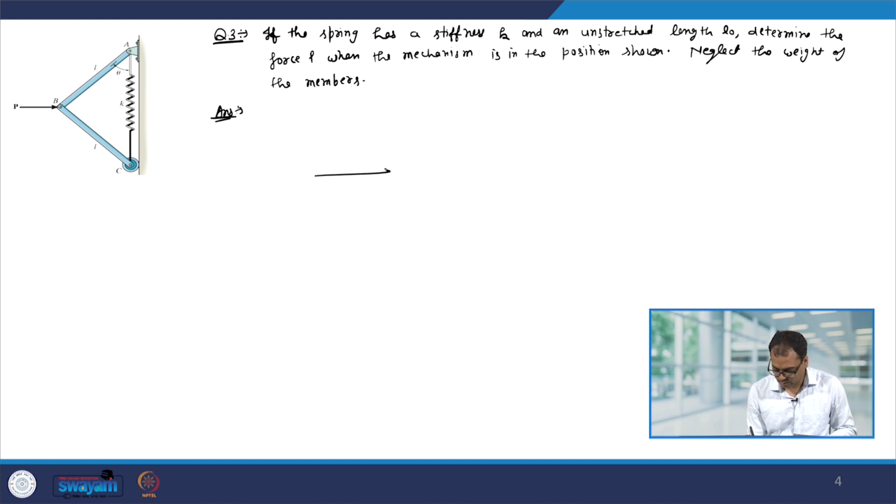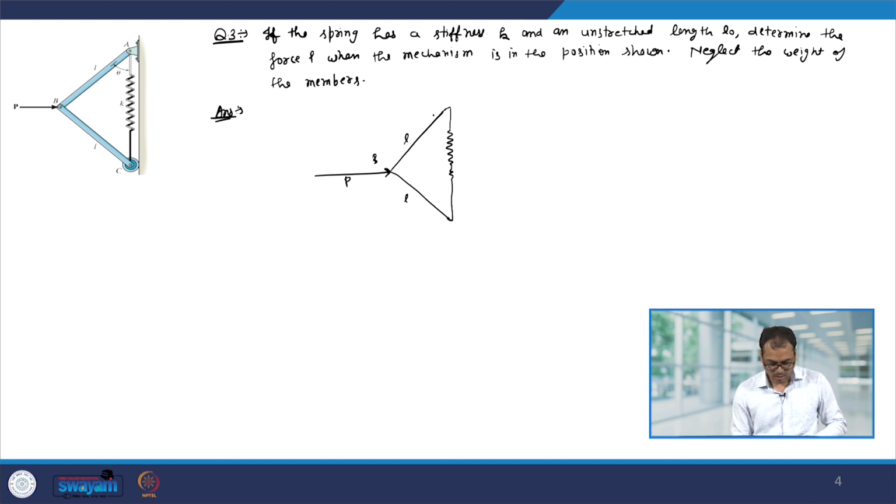So, we have a force P acting at point B. From here we have members of length L and they are connected by a spring of spring constant K. This angle is given as theta, and here you have a pin support and here you have a roller support.